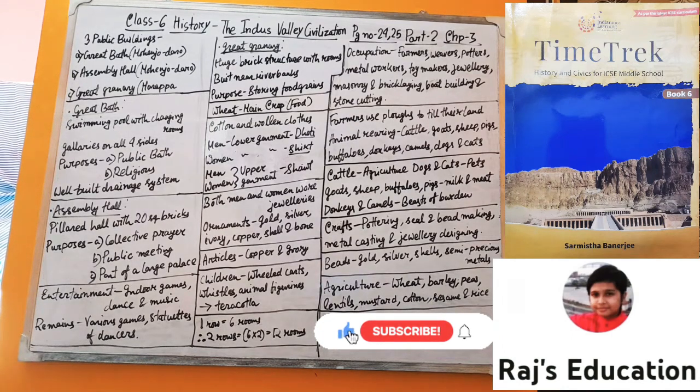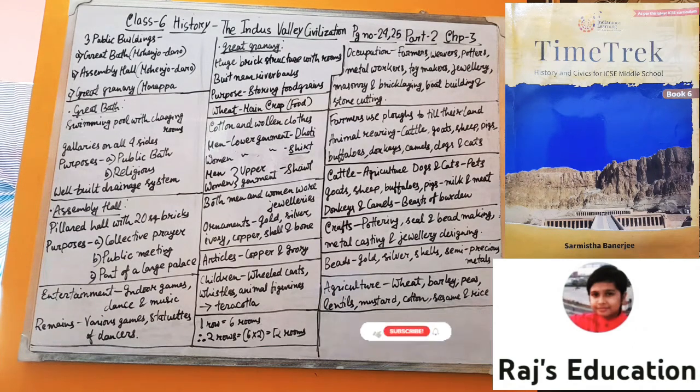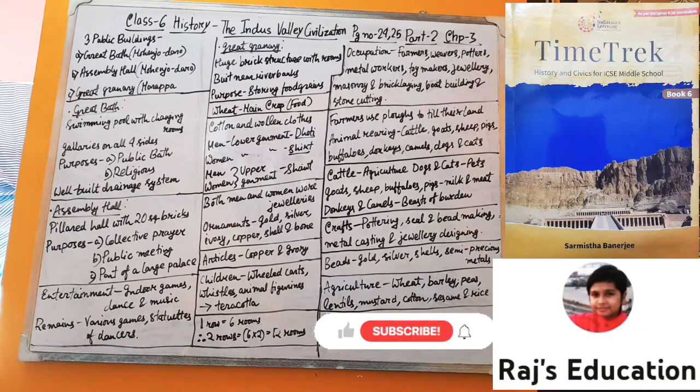So it was easy for them to store the food grains, and that's why they built the granaries near the river bank, so that it could be easier to store the food grains for their own needs and for their future consumption only. These granaries tell us that the people of the Indus Valley Civilization grew a lot of food crops.